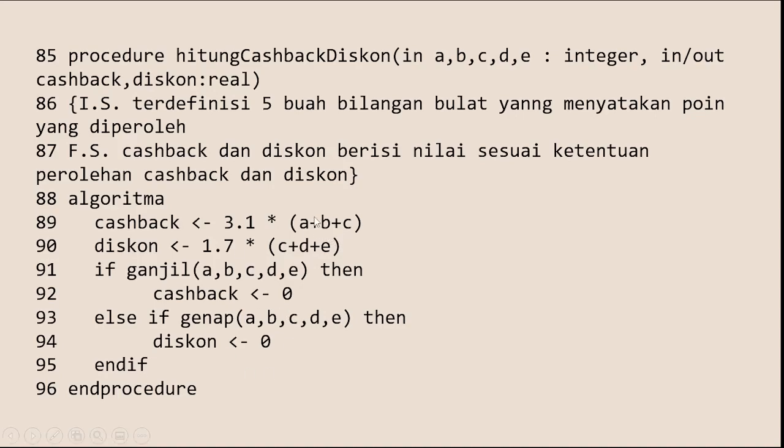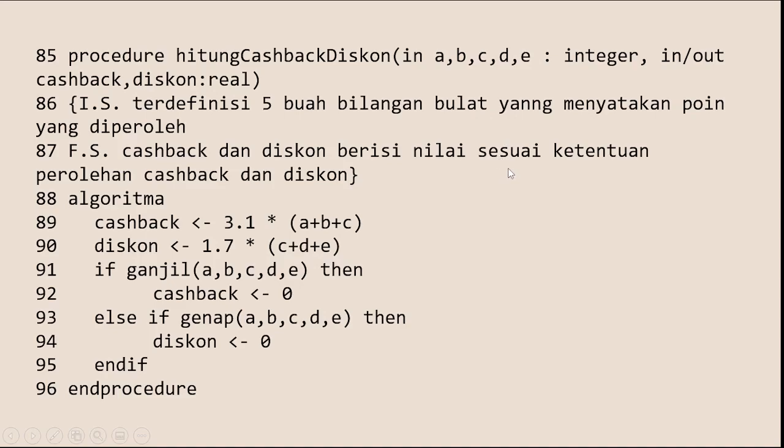So we are going to define the cashback here as 3.1 times (A plus B plus C). Why A plus B plus C? Because A, B, C is the first 3 of the customer's points, and then for the discount, 1.7 times (C plus D plus E), because C, D, E is the last 3 points of the customer's points.